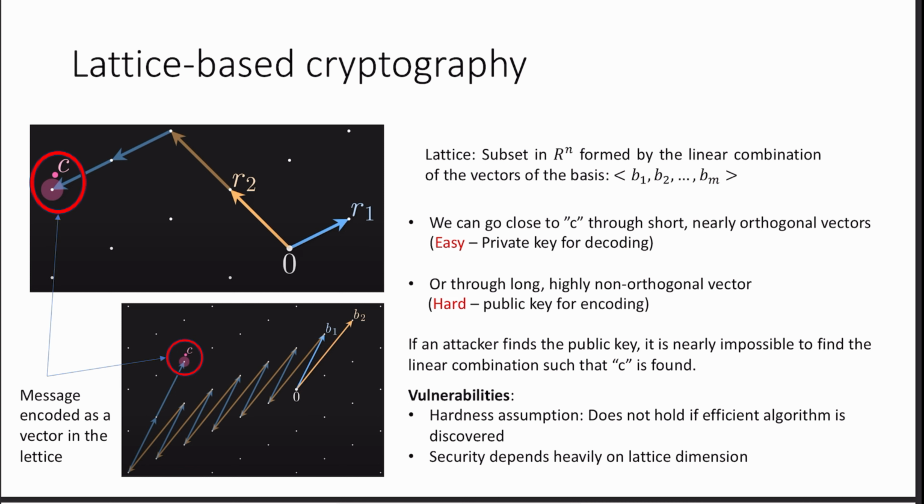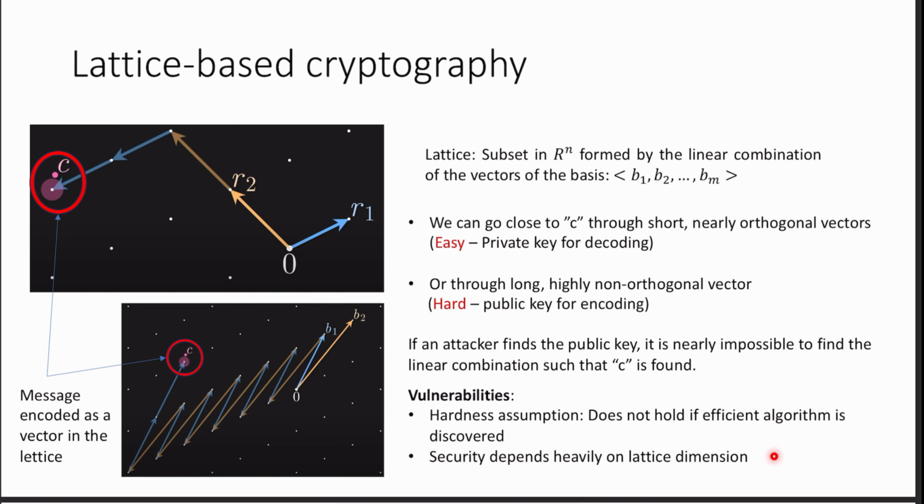So let's talk a little bit about the vulnerabilities, and there is a hardness assumption that, as I was saying here, if we have these two vectors, then finding the message is hard. Now, if in the future we find an efficient algorithm to solve this problem, then this would be a vulnerability for the system.